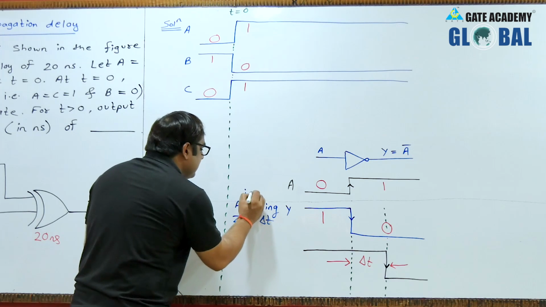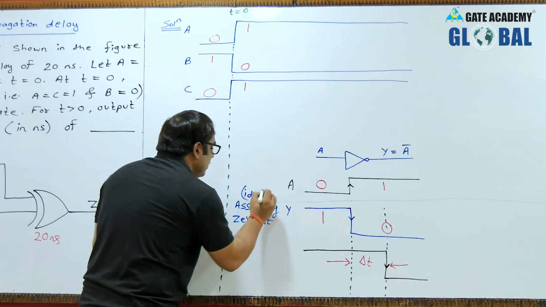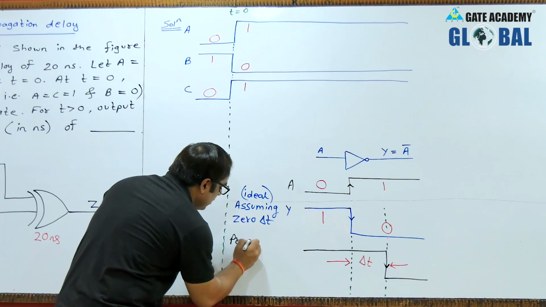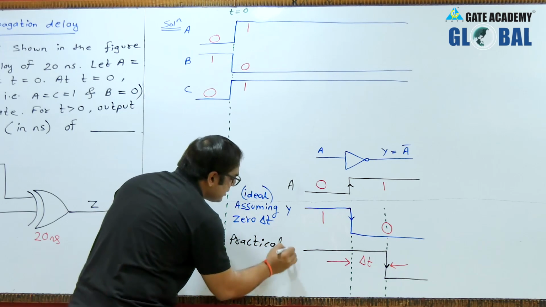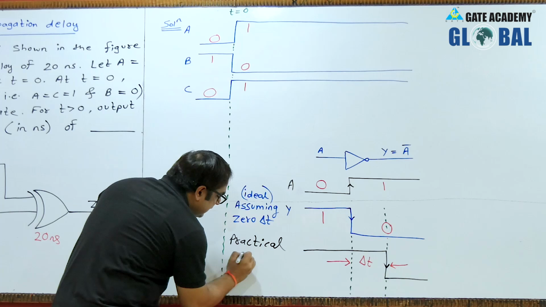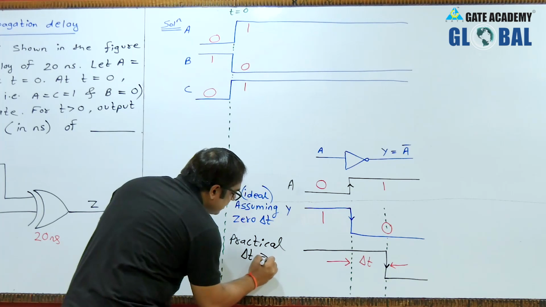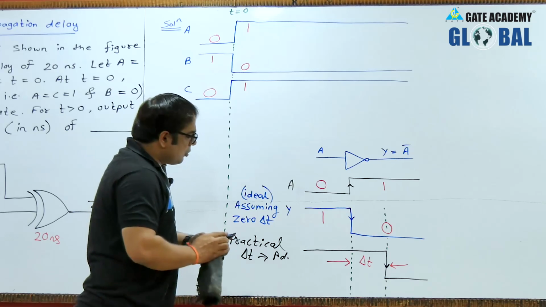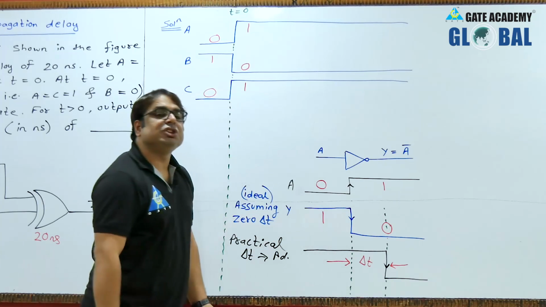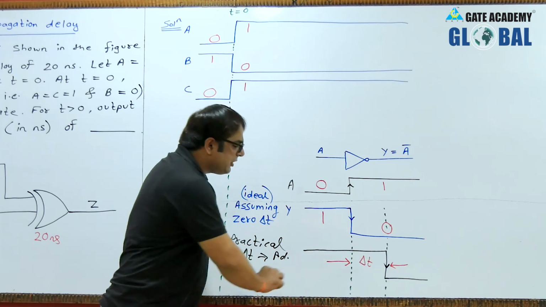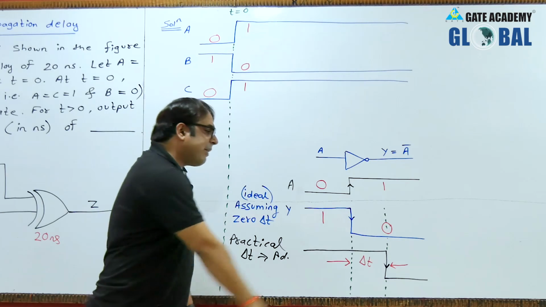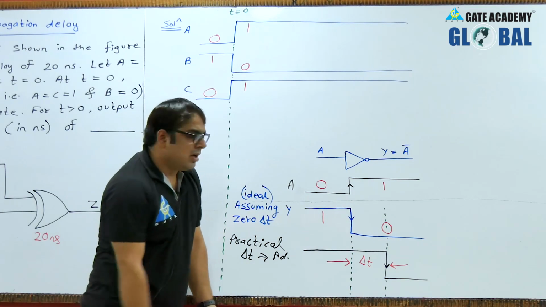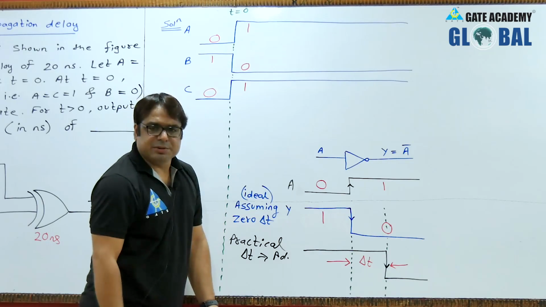This is an ideal situation, and this is a practical situation, where delta t is the considered propagation delay. So this is the basic definition of propagation delay. I will try to use the same concept which we have discussed in the given circuit.